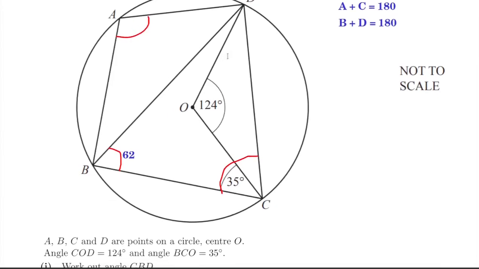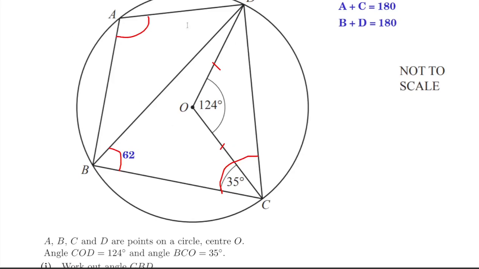Alright, to find angle BAD, we need to first know angle C. We already know a portion of angle C. Now check something here. This is a radius, equal to this one here, which tells us that this angle and this one are actually equal.